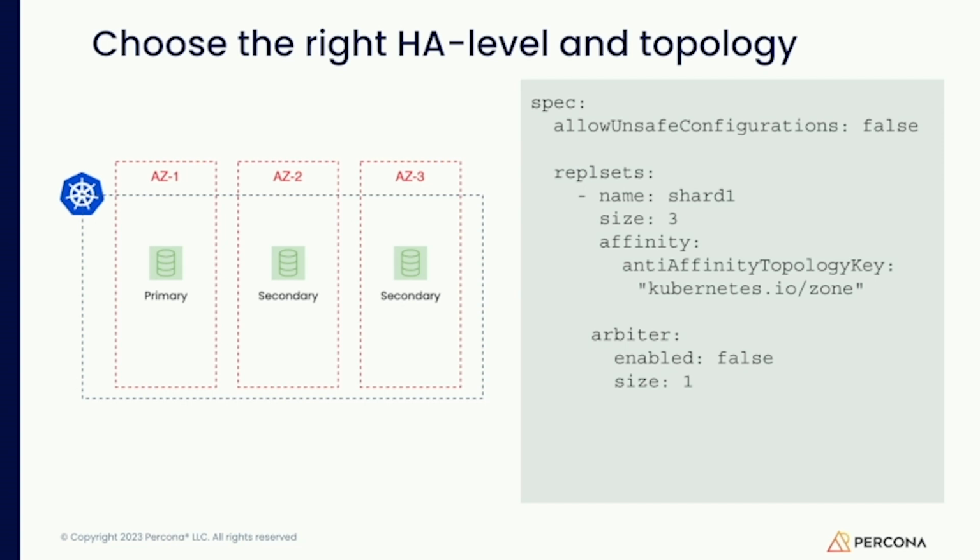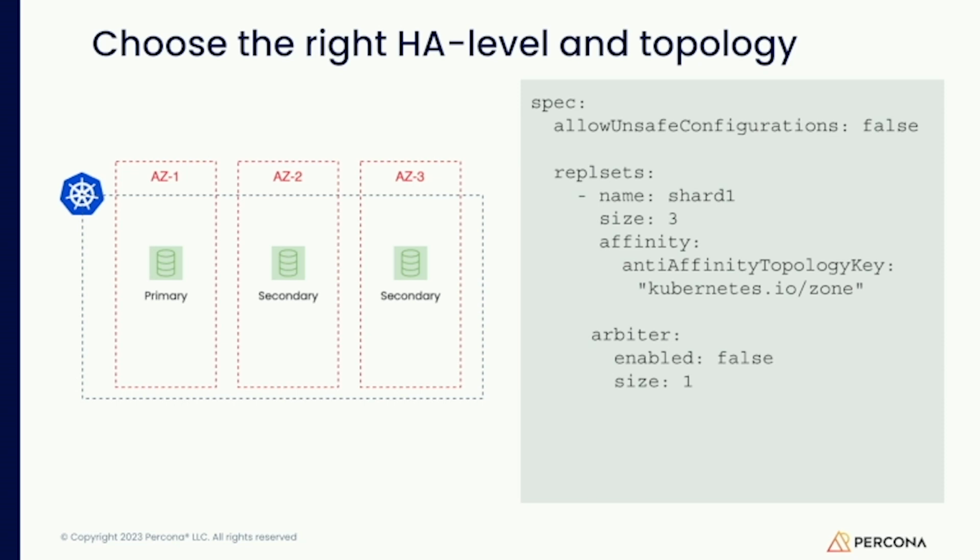And then if you run MongoDB with the operator, you can also choose your topology freely. So for example, by default, operator will take care about high availability in a way that it will never put pods of the same replica set on the same host, right? By default, because that's not really high availability.